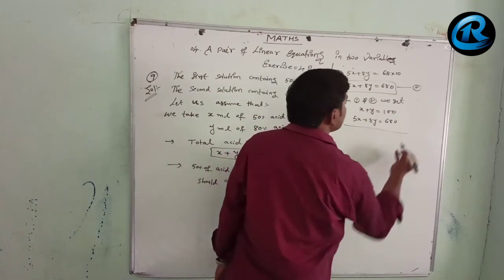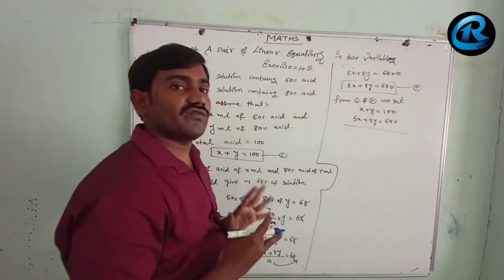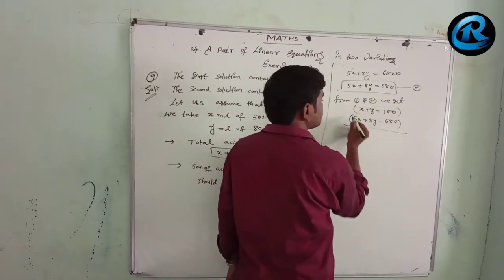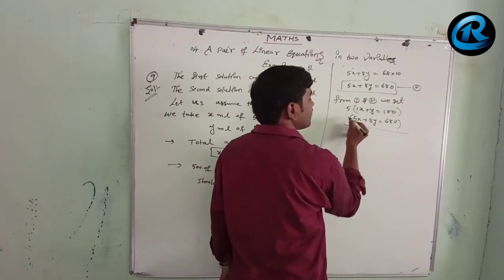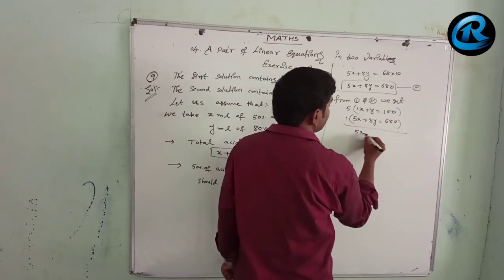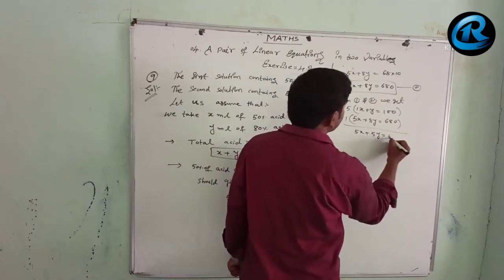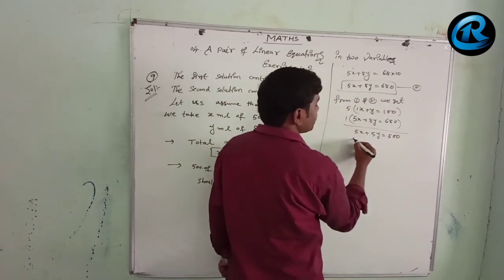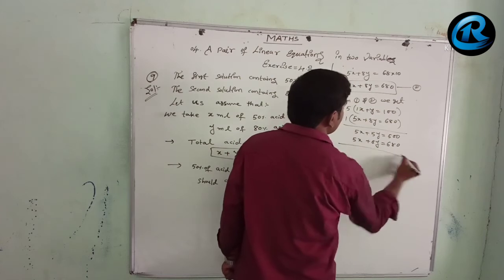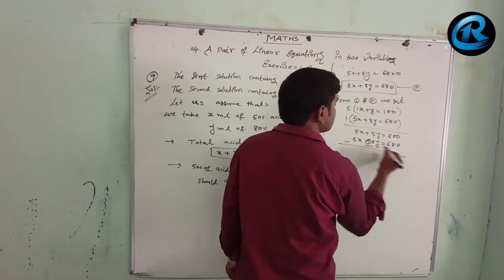So what we have to do? We have to make the x or y coefficient equal. Simple. To make it, multiply the first equation by 5: 5x plus 5y equal to 500. The second, multiply with 1, you get the same. Now we subtract.